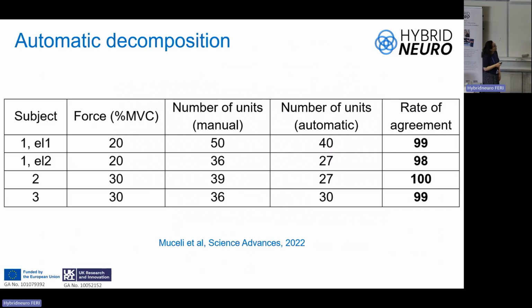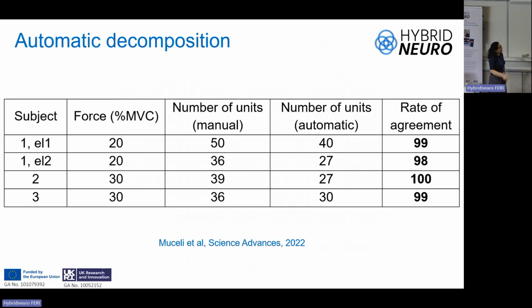But you can also see that the accuracy of the automatic decomposition is very high. It's 99% on average. So basically, this signal didn't undergo any editing. These are the results of the blind source separation algorithm. The agreement was 99%, even without any editing.